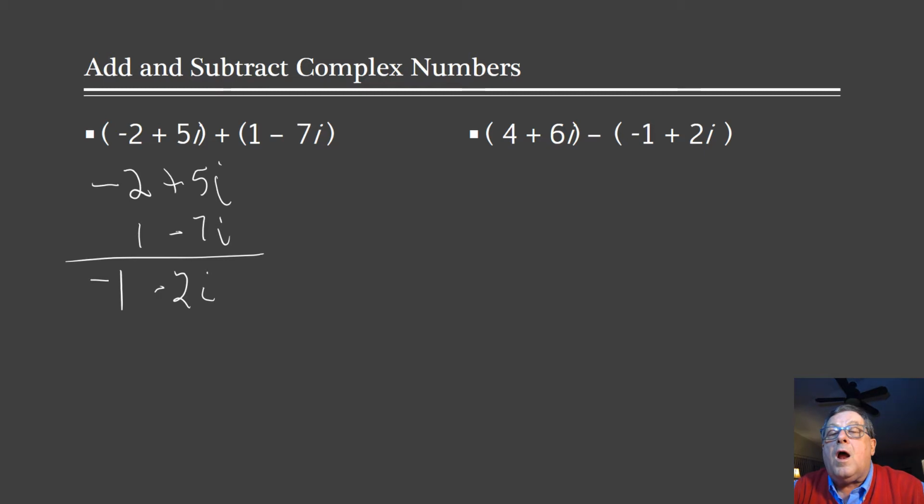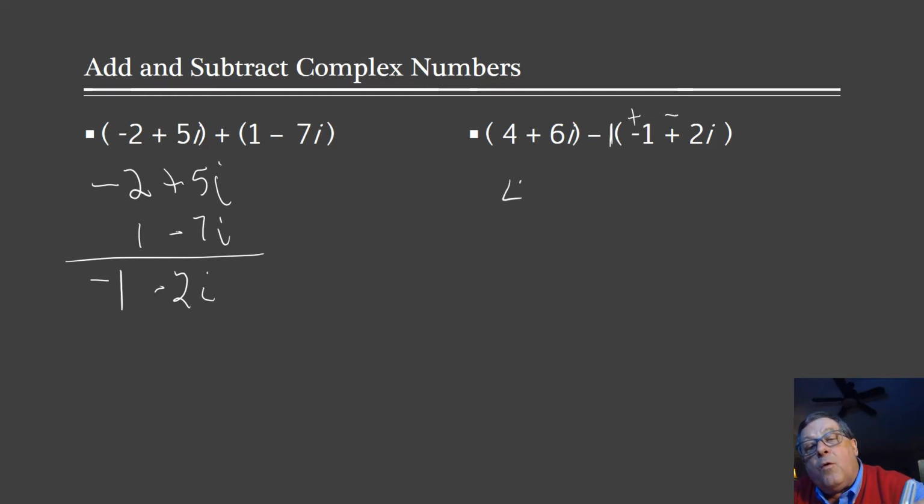Now this one on the right, we've got subtraction. And the way I like to consider this when I'm adding and subtracting complex numbers is that I'm distributing a -1 to this second part, which is going to make this a positive 1 and this a -2i, and then I just add them together.